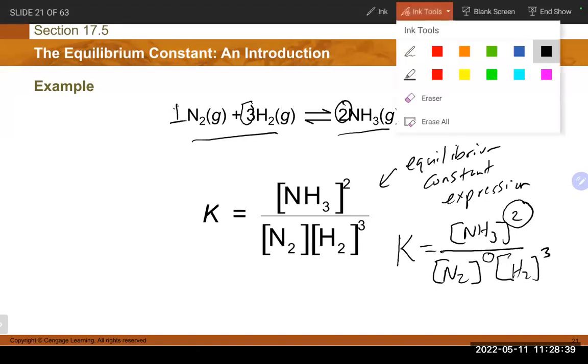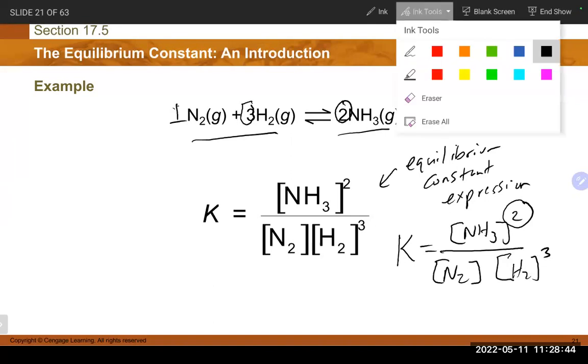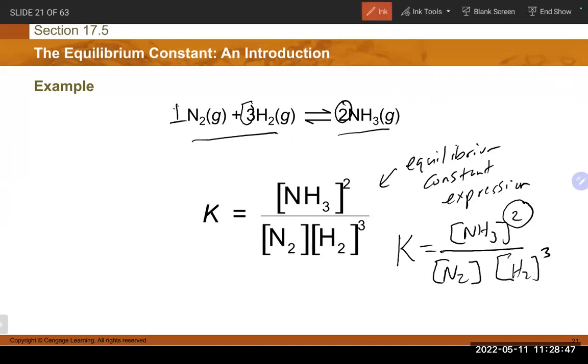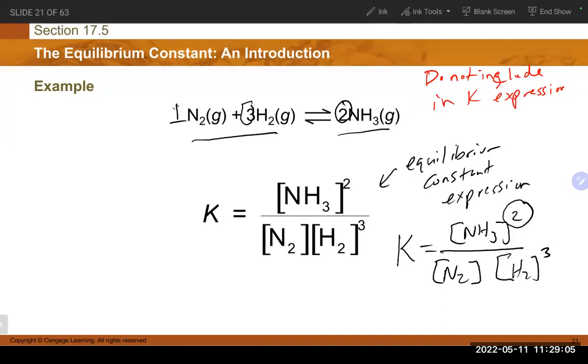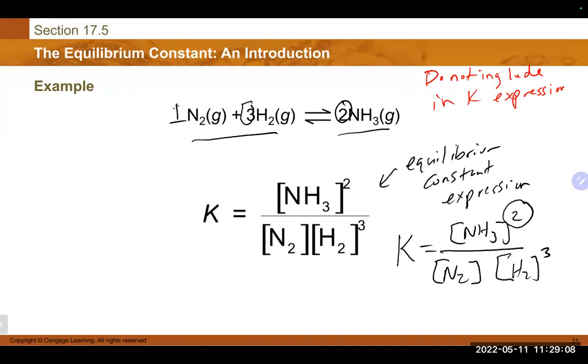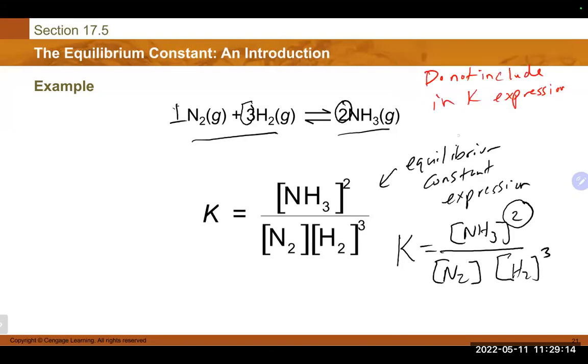Now, we'll see this in a little bit, but since we're talking about it, there are a couple of things that we do not include in the K expression. There are really 2 things we don't put in there if they are in an equation: anything that is a solid or a liquid.